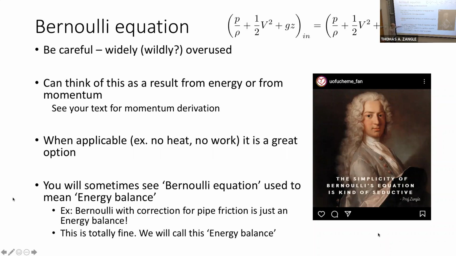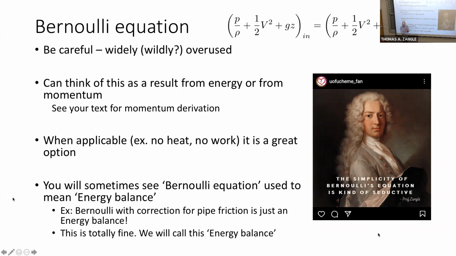Just a note about nomenclature: you'll sometimes see Bernoulli equation used to mean an energy balance. This happens a lot in chemistry-specific fluid textbooks, as opposed to a general physics of fluids or general engineering fluid mechanics textbook.